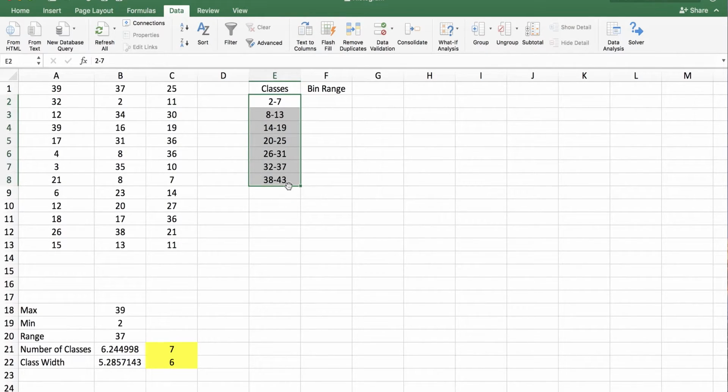And if you look at the number of classes, we have 7 classes here, okay? So you have 1, 2, 3, 4, 5, 6, and 7 classes, which is what I identified earlier, okay?